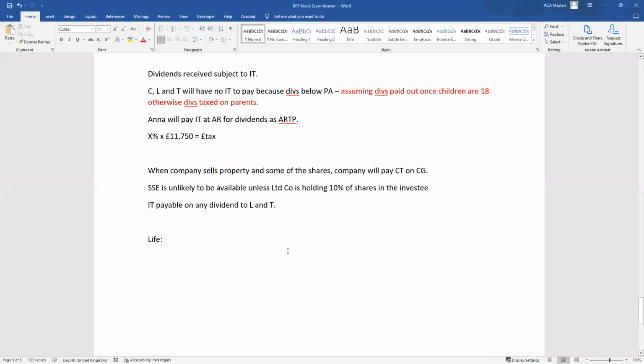You can say the transfer of shares will be a gain for CGT, and once the annual exemption is exceeded, the gain is taxed at 10 or 20%: 10% if it falls within the basic rate band, 20% if it's in the higher rate band.